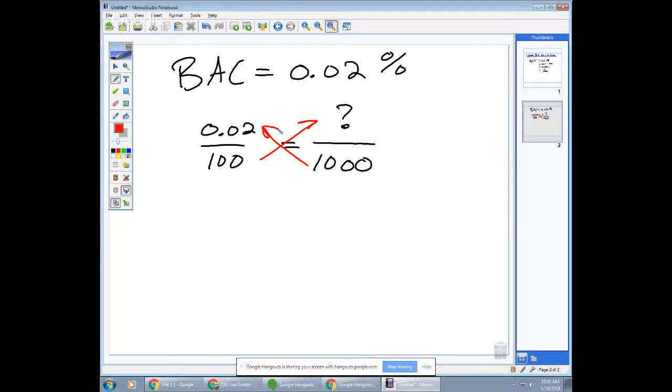So 0.02 times 1,000 is going to be what? 2. In your calculator, you got 2. And the other side, I get question mark times 100. So dividing by 100, we get question mark has to be 2 out of 100. Which would be, that would be correct.